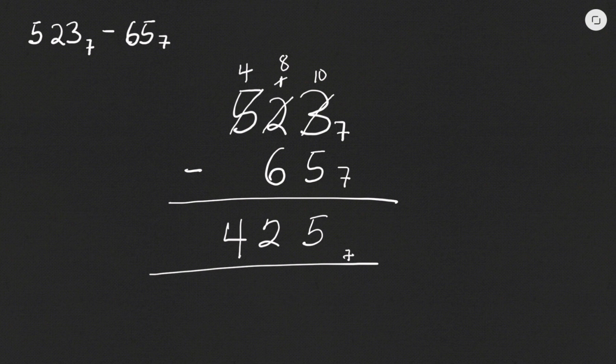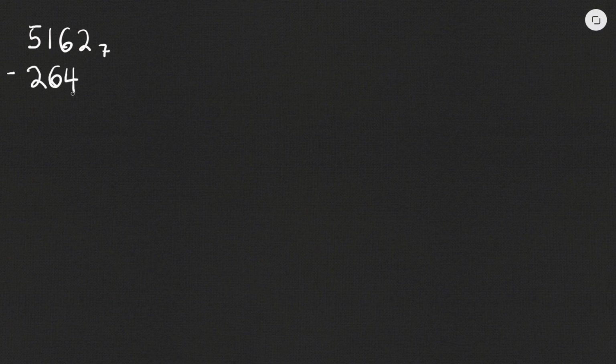All right, let's proceed to look at another example. In this example, we were given 5162 in base 7, and they did the subtraction for us. So they have 2644 here, also in base 7, and we were told that the answer was 2 asterisk 15 base 7.